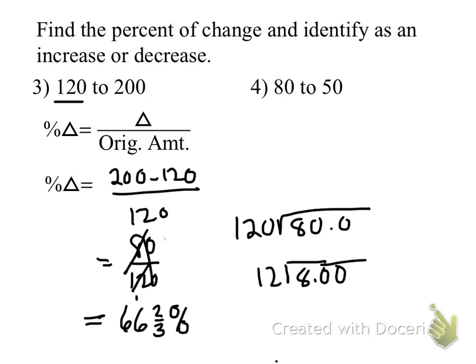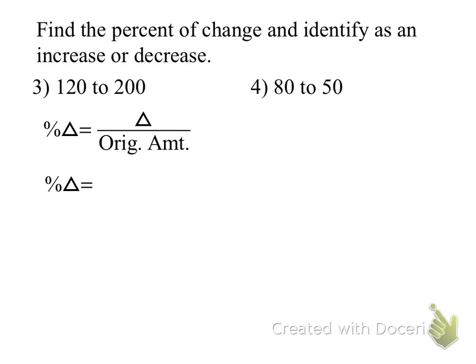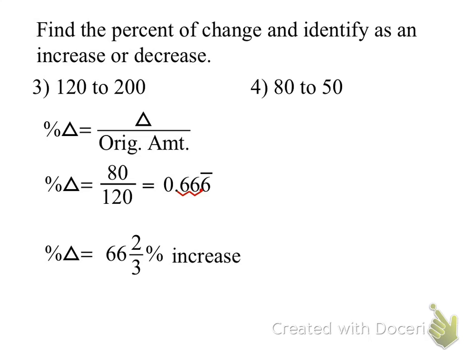Okay. So next one we are doing is 80 to 50. So let's start doing some of this in our head. Okay? Is this an increase or a decrease? Decrease. Okay, so we are going from 80 to 50. What will the change be?